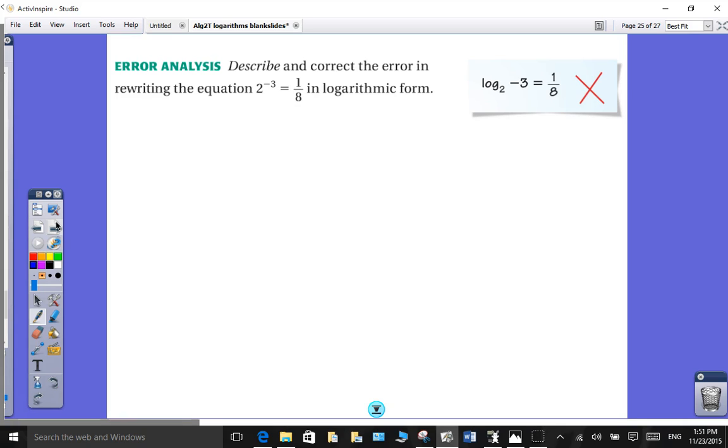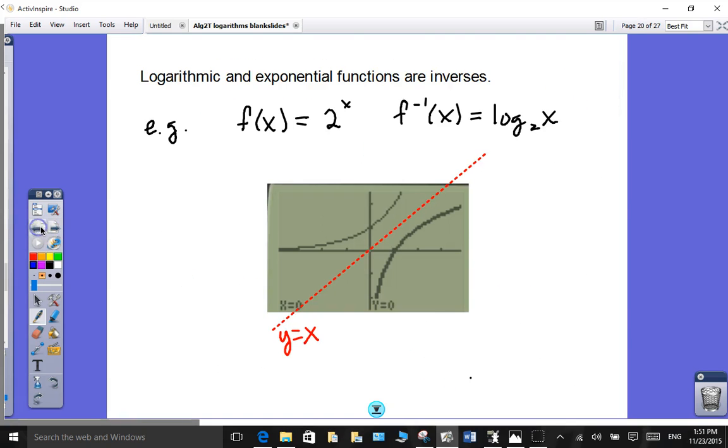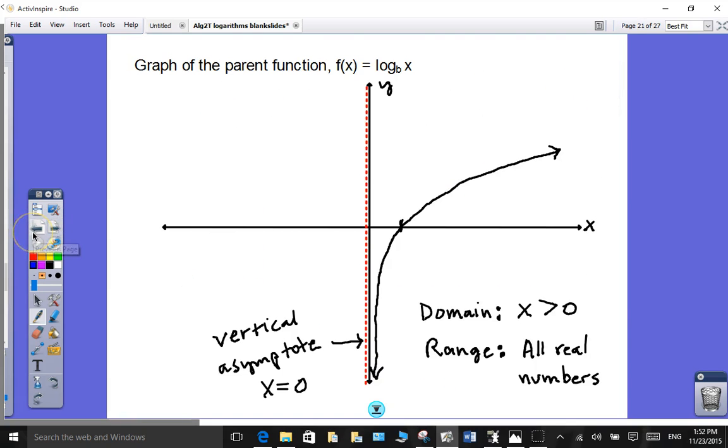More than that, log base 2 of negative 3. Try to put it in your calculator. What do you got? Try to do log base 2 of negative 3. Yeah, because it's not in the domain, right?